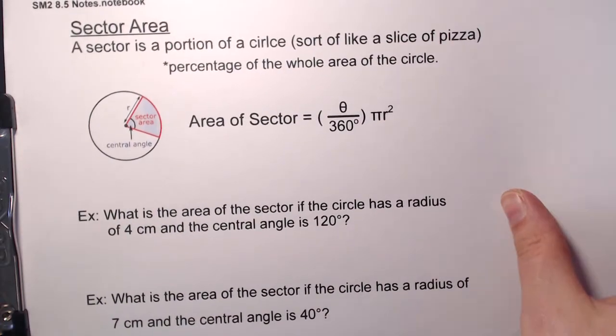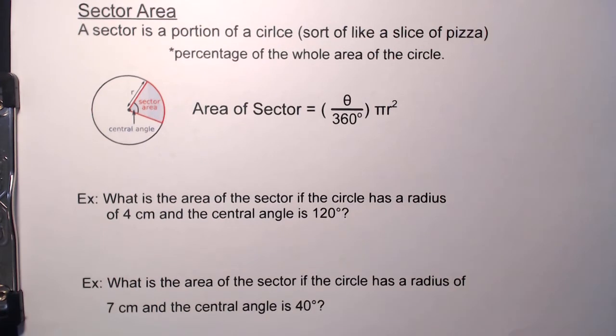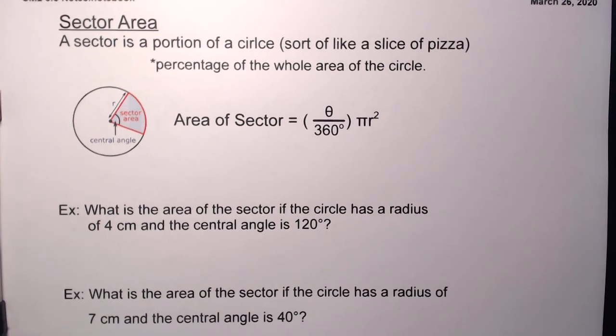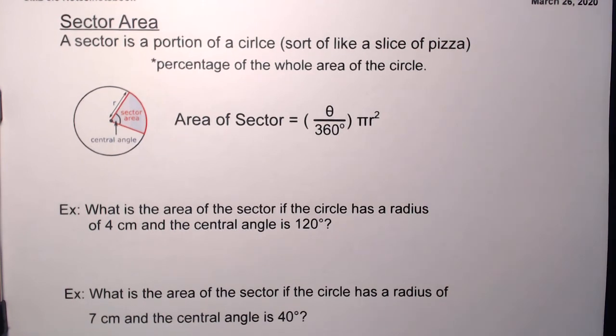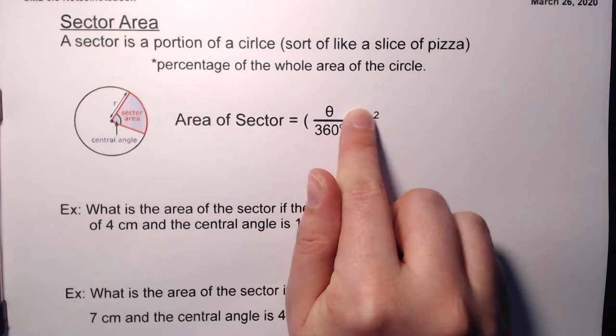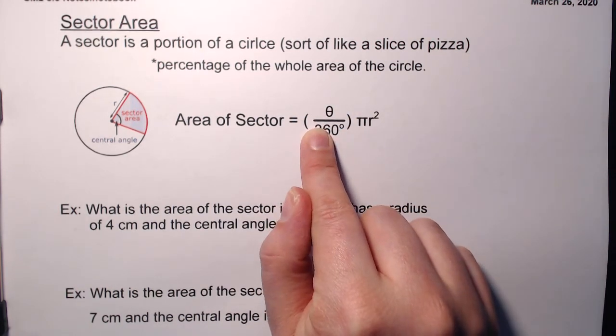Okay, sector area. So this is where, kind of like when we were talking about the arc length, I only wanted a portion of it. Now I only want a portion of the area, so maybe I just want a slice of pizza. Same concept where I take the area formula and multiply it by the percentage of what I'm looking at in the circle.